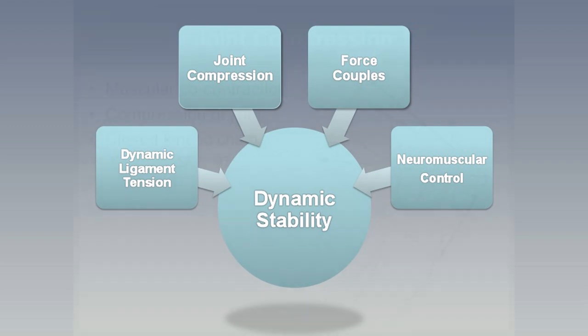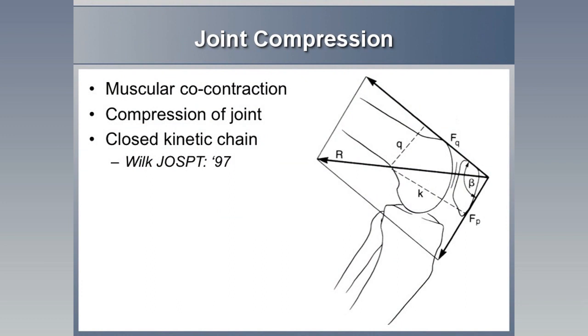So the first one we'll talk about is joint compression, which is interesting because it's almost like a blend of static and dynamic stability. But joint compression is the first component of dynamic stability for us. That's basically not just having your joints, your knee, your shoulder, your hips, whatever it be, just sitting there, but having compression center that joint a little bit and then find its way back into a stable position.